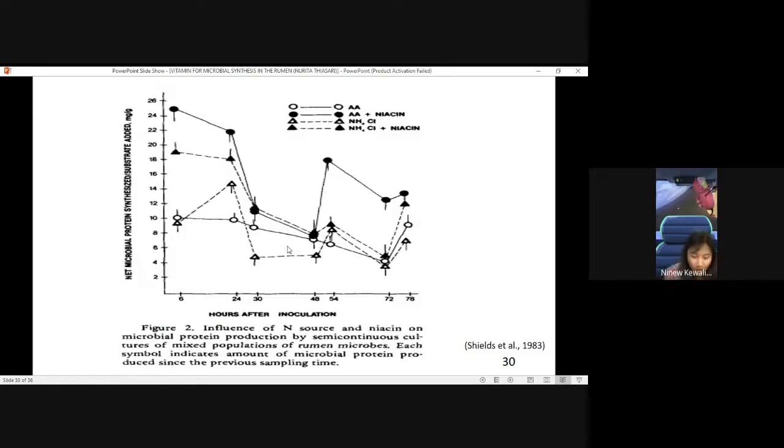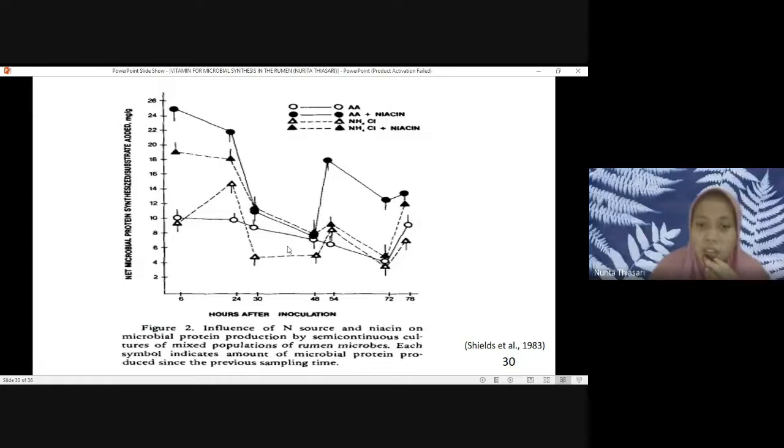In here, why, when we use the niacin supplementation with the AA, amino acid, right? If we compare with the niacin supplementation with NH4Cl, why does the AA have a better result than the NH4Cl?